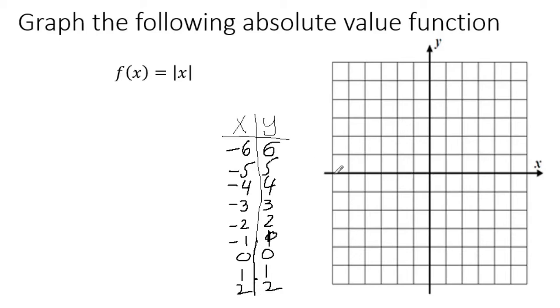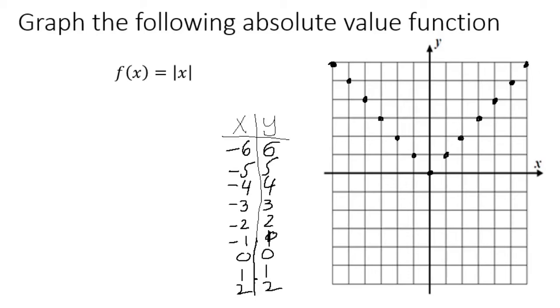So I'm going to start with -6, 6 right here, then -5, 5, -4, 4, -3, 3, -2, 2, -1, 1, 0, 0, 1, 1, 2, 2, 3, 3, 4, 4, 5, 5, and 6, 6.